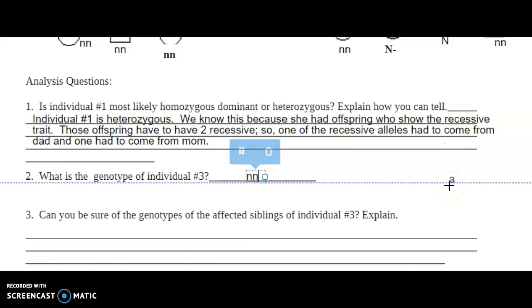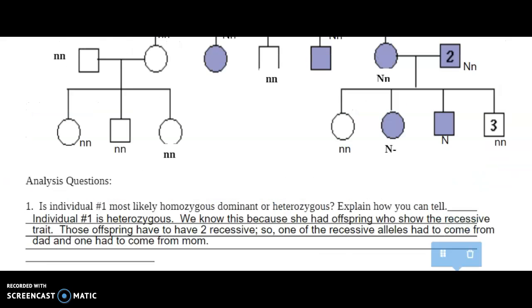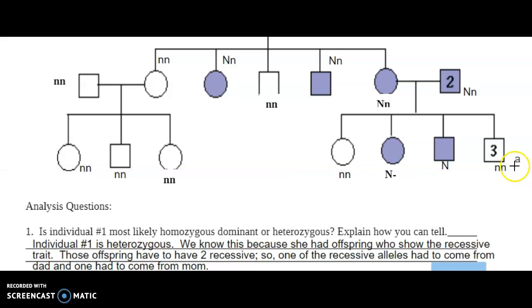Number 3 says, can you be sure of the genotypes of the siblings of individual number 3? Explain. Well, we cannot be sure. We do know that these 2 individuals are showing a dominant trait, so they have to have at least one big N. But because both parents have a big N and a little n, we don't know if this parent gave a big N and this parent gave a big N, or if this parent gave a big N and this parent gave a little n, or if this parent gave a little n and that parent gave a big N. All we know is that they got a big N from somebody.